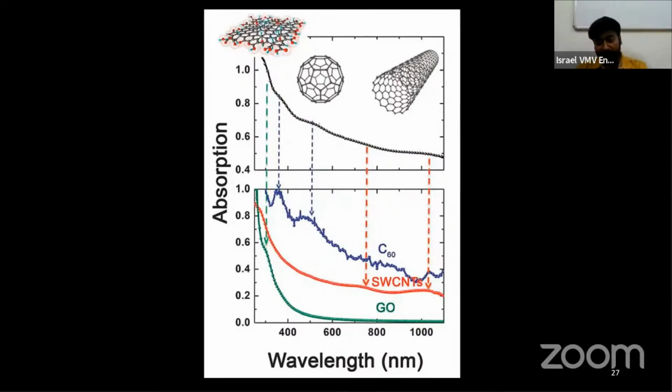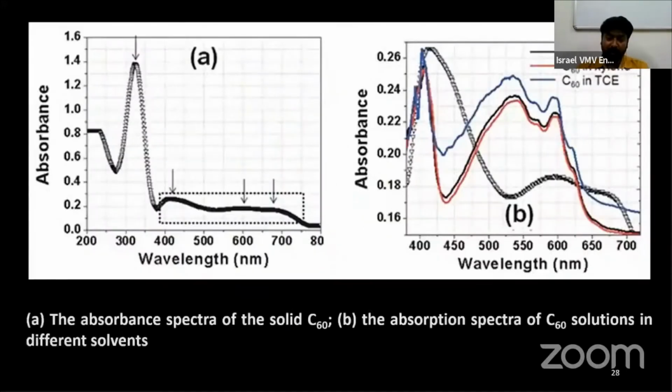They may look similar in one sense, but you find obvious differences in the intensity of absorption, and clear-cut bands in the case of carbon 60. So it's all about carbon, but there is absorption. What makes the absorption? And what changes the absorption position and the intensity of absorption?